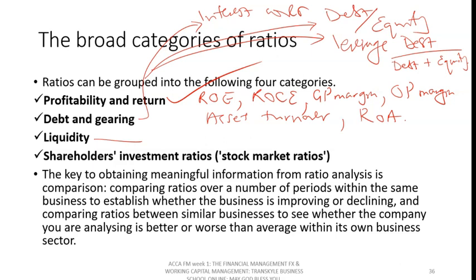And then we have got those to do with liquidity. Liquidity, we are talking of ratios like the current ratio and quick ratio. Normally these two are the ones we'll be looking at. Although there are some other ratios related to cash flows and so forth, just a bit of these are enough.